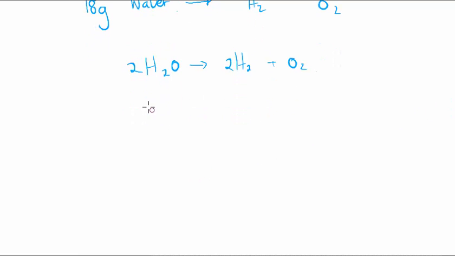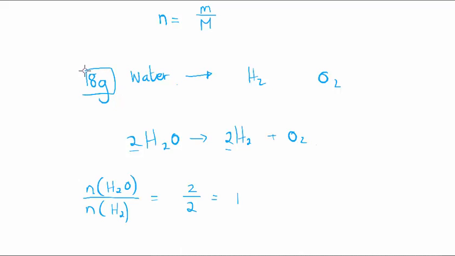And then I'll notice that if I take the number of moles of water divided by the number of moles of hydrogen, I'll get 2 divided by 2, so I'm looking at the coefficients, and the answer is 1. Now, this is the standard, this is what would normally happen. Now I'm saying, but I have 18 grams of water.